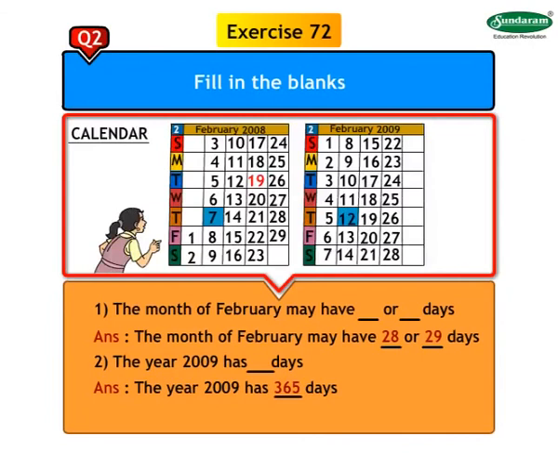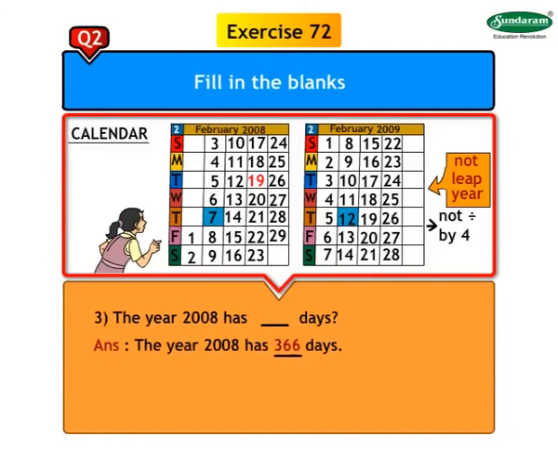Solution. 2009 is not divisible by 4, so it is not a leap year. So it will have 365 days. Thus, the year 2009 has 365 days. 3. The year 2008 has 366 days.